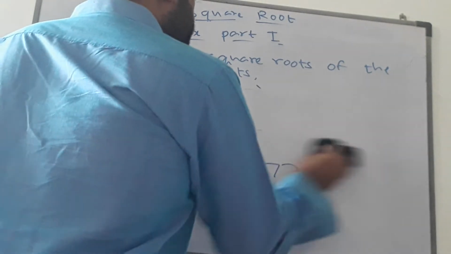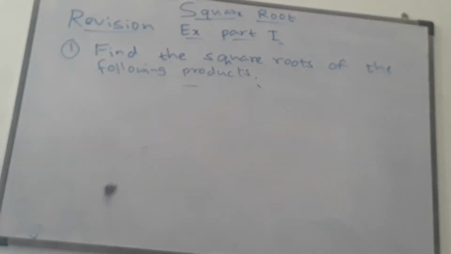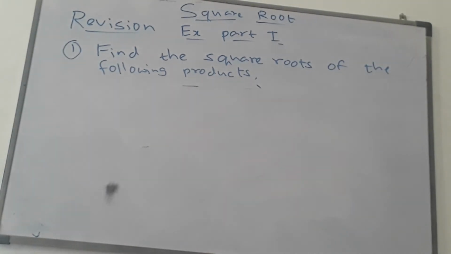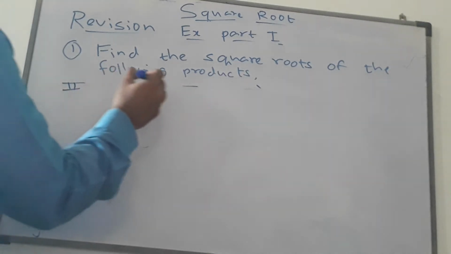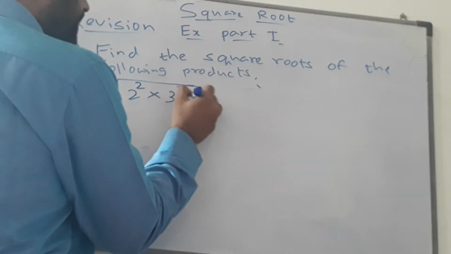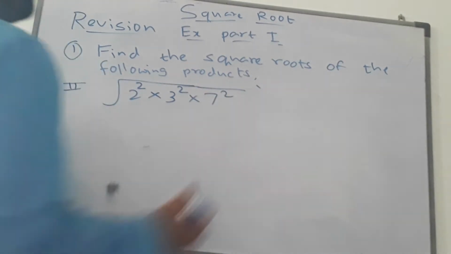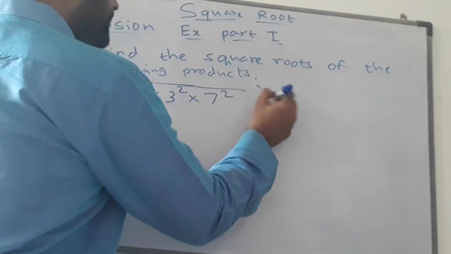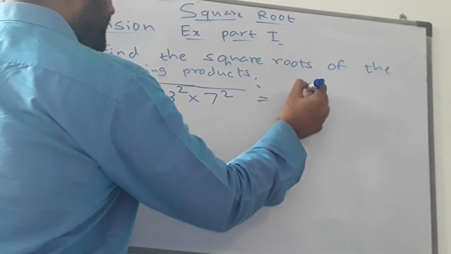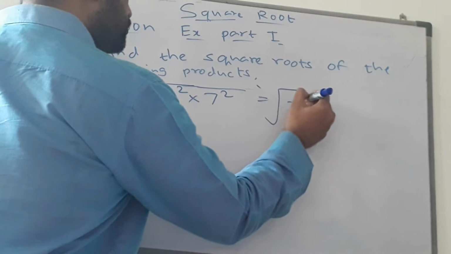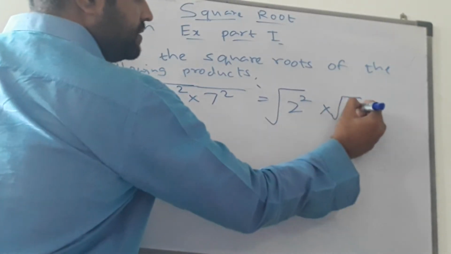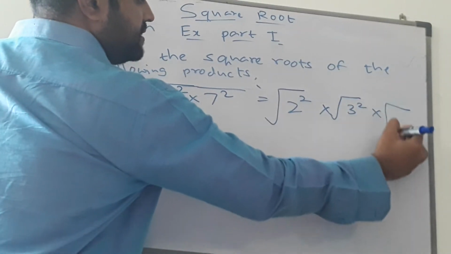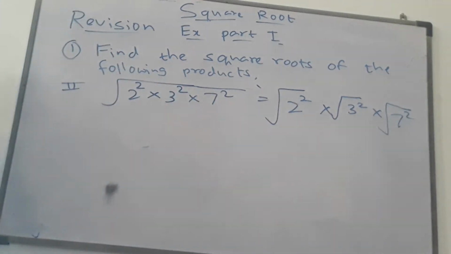Second question. Suppose a question like this now: 2 squared times 3 squared times 7 squared. Okay, this also we can break like this: root of 2 squared times root of 3 squared times root of 7 squared.